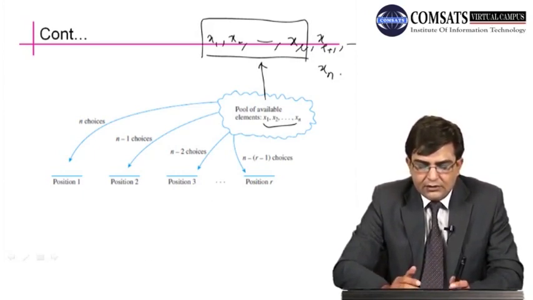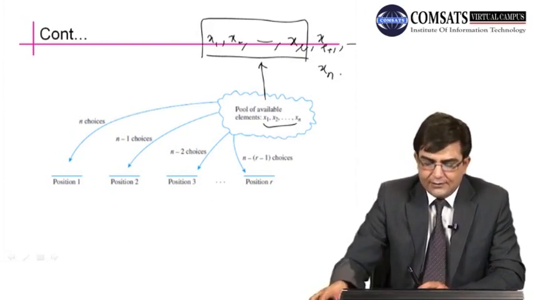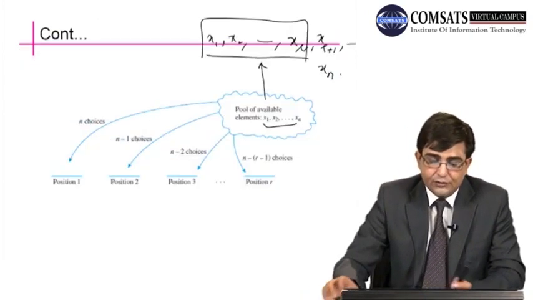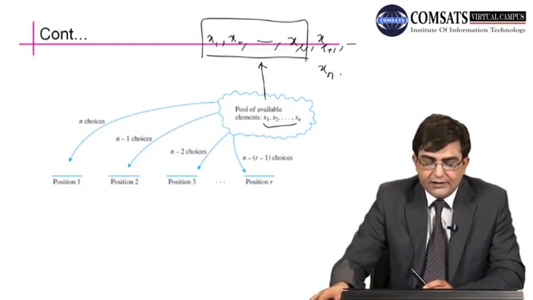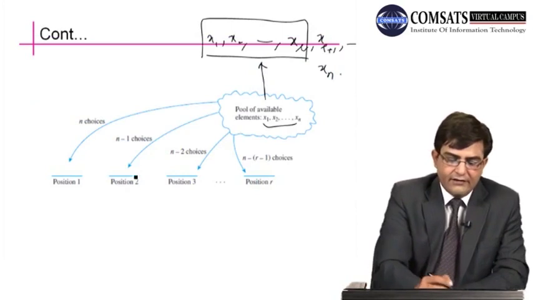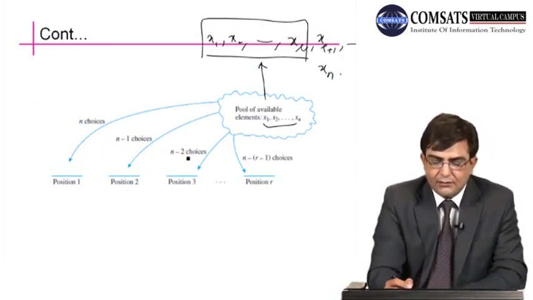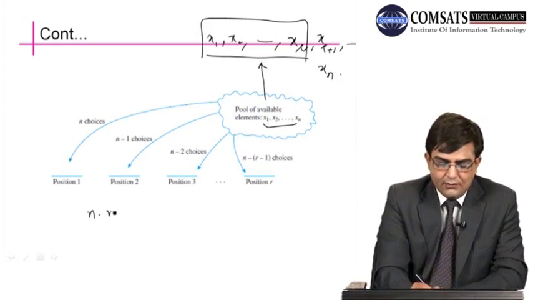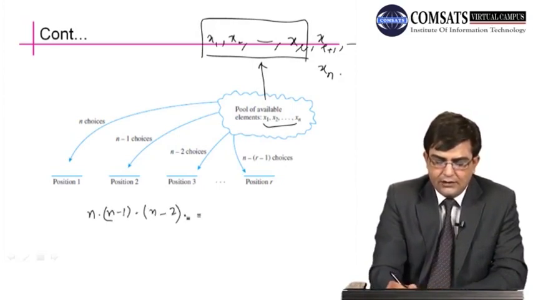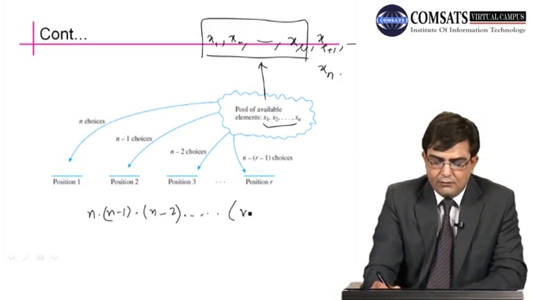If we simplify this expression by using the same technique as in the multiplication rule, all the choices here will be n into n minus 1 into n minus 2 into so on into n minus r minus 1 choices.